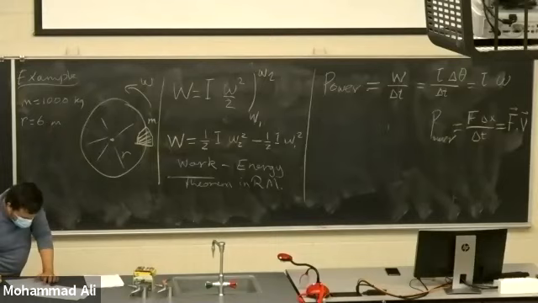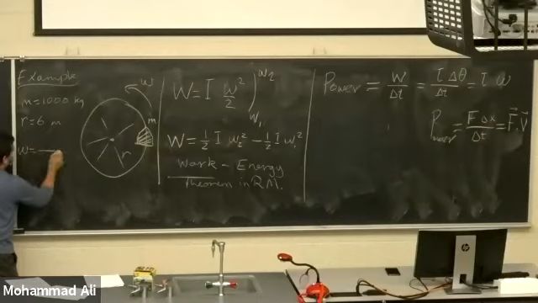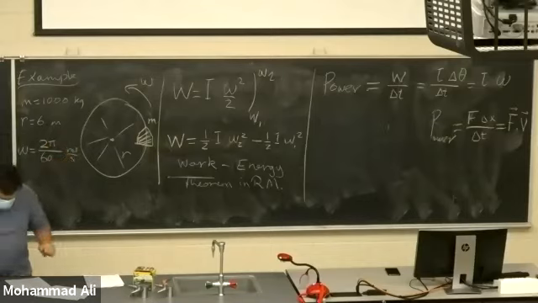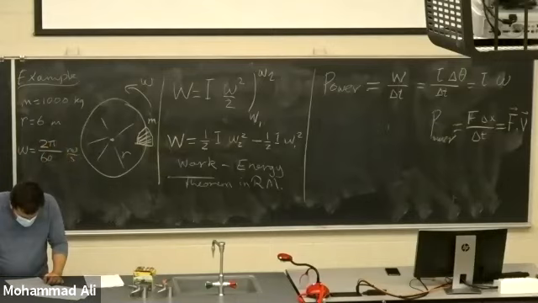And we have omega. Look at omega now. Omega is equal to 2 pi over 60 radians per second. I put it here like this to be understood.